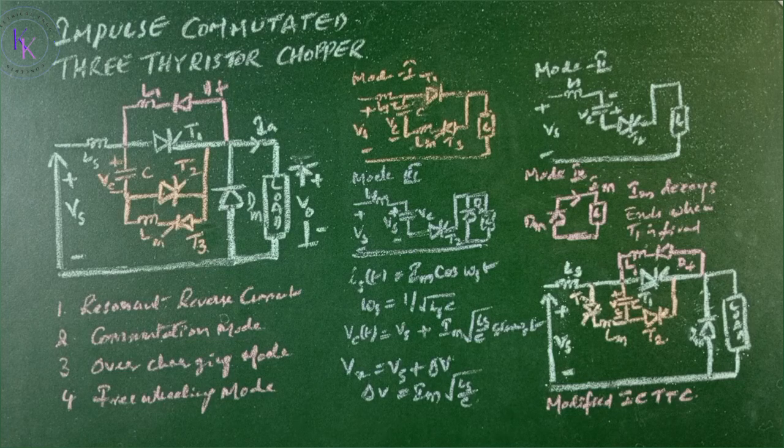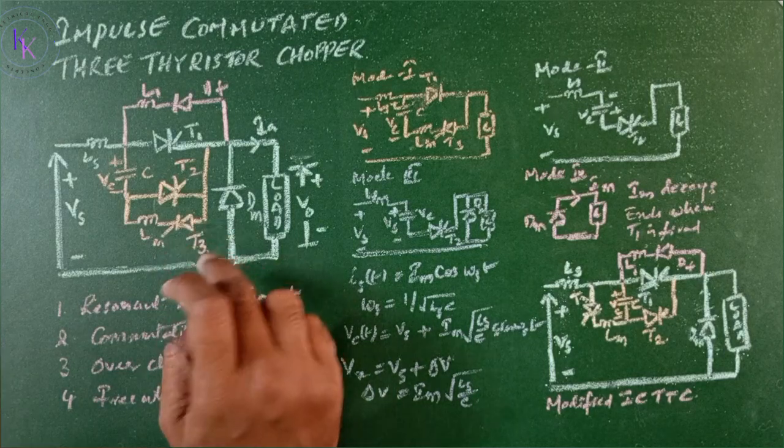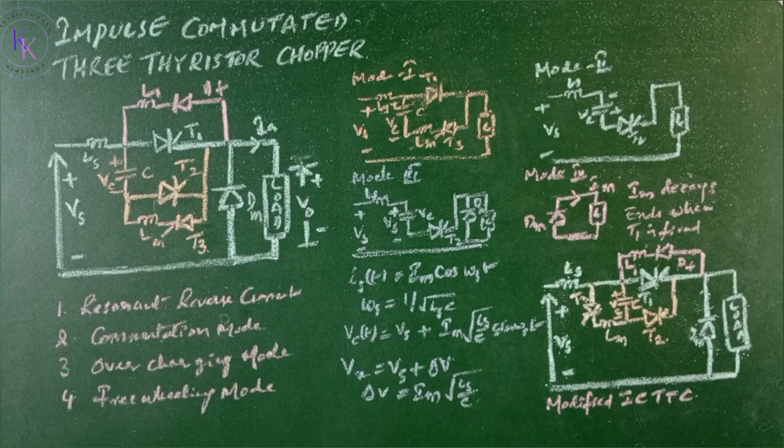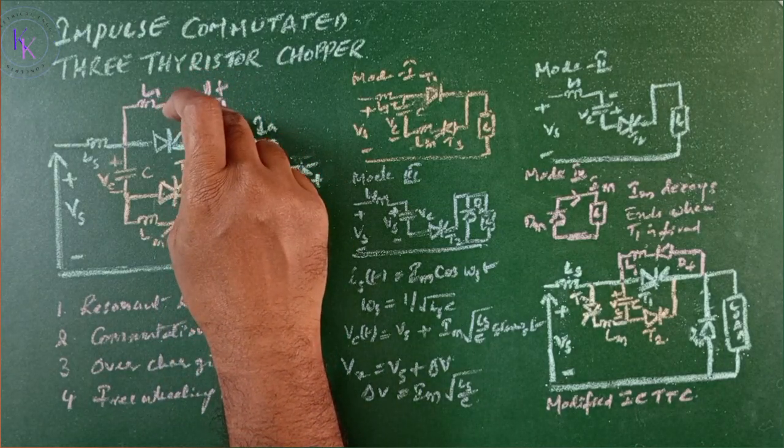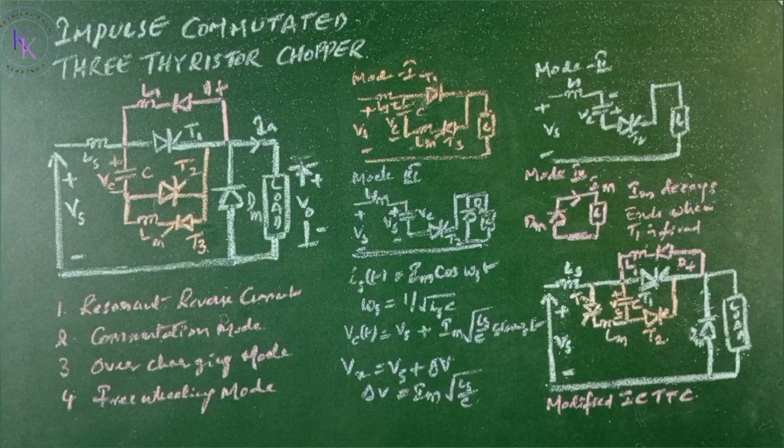For the main circuit of the impulse commutated chopper, we have made 3 modifications. The first modification is replacing D1 with the thyristor T3, so undercharging of the capacitor can be eliminated. The second modification is introducing a diode across the thyristor T1 to reduce the effect of the load current on the commutation time.